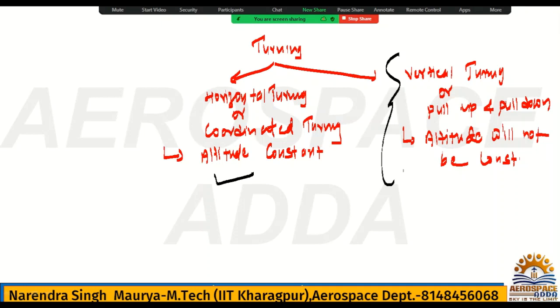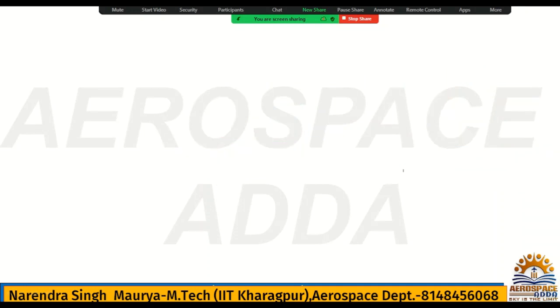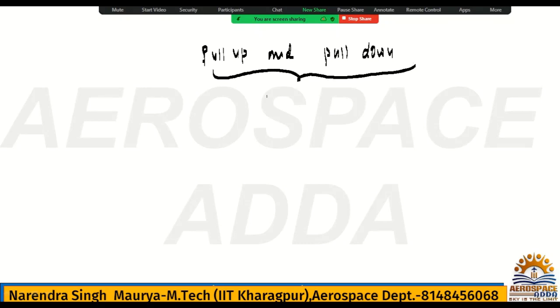So we'll start this new topic, which is called pull up and pull down, which is nothing but the part of vertical turning.